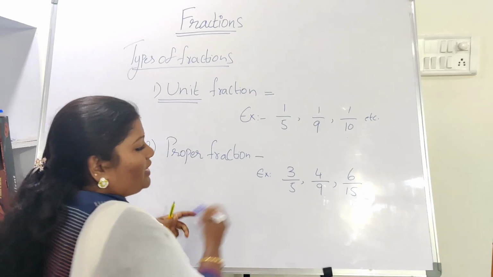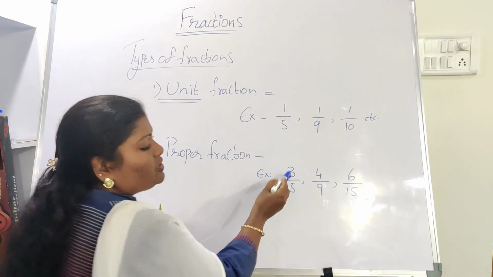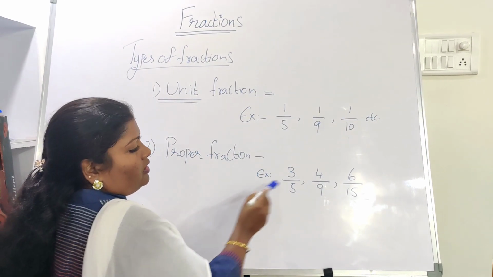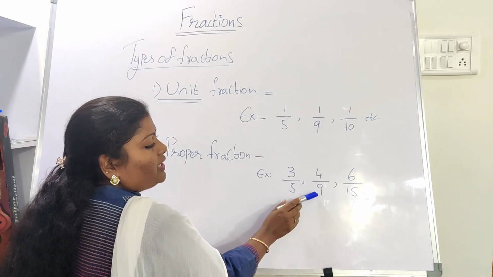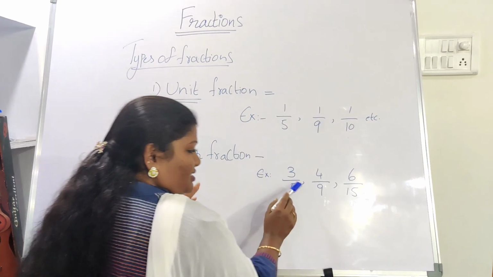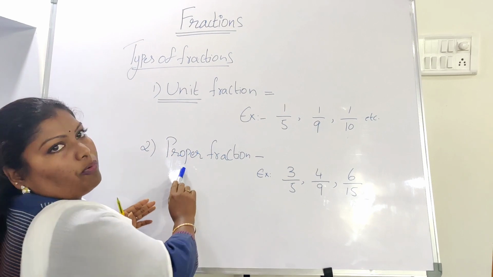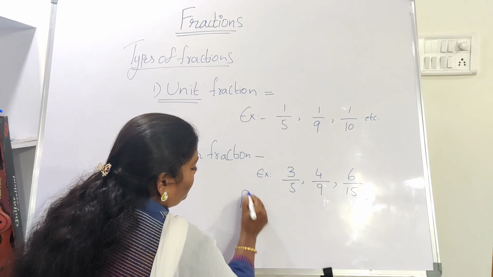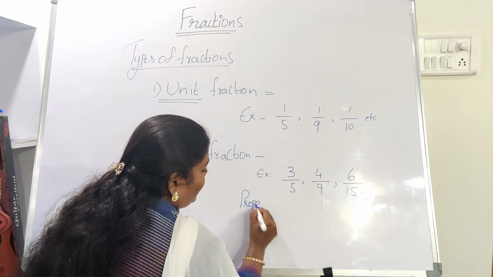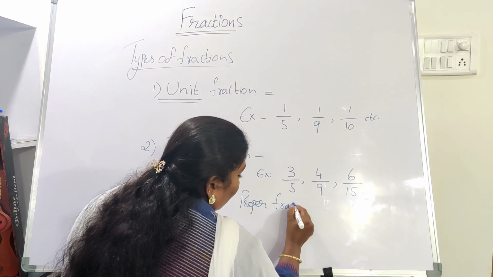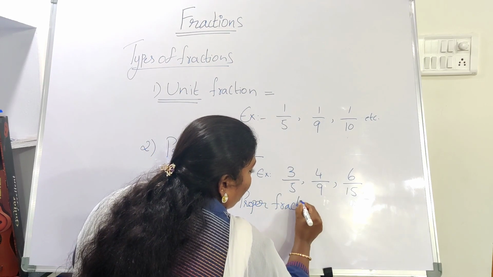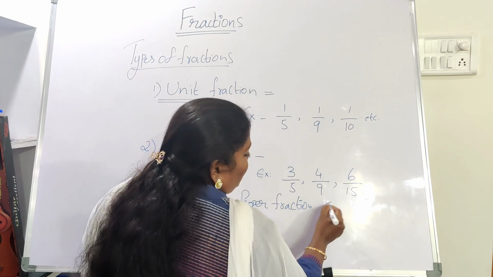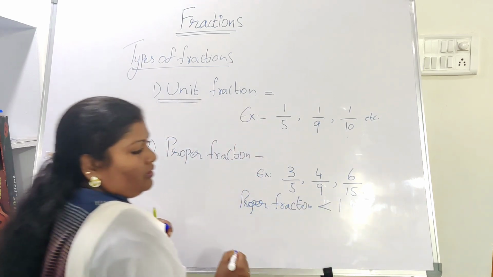Here you can see that the numerator value is smaller than the denominator. Such fractions are called proper fractions, and this value is always a proper value. A proper fraction will always be less than 1.